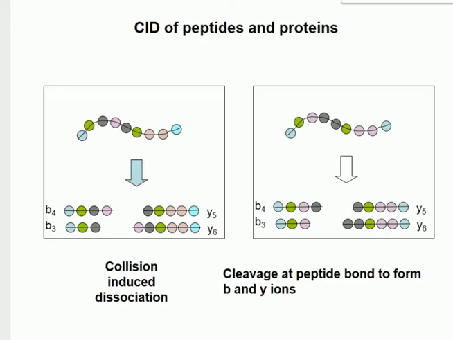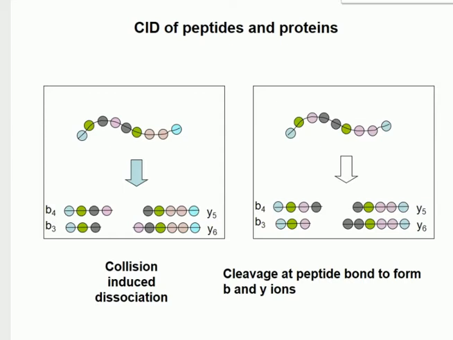And some of them will cleave here, and some of them will cleave here, and some of them will cleave here. So you get this population of fragments. There'll be some B3, there'll be some B4, there'll be some B5 that have come from various places. So don't think of it as just a single peptide molecule. There's a whole bunch of them there. There's a whole population of them.